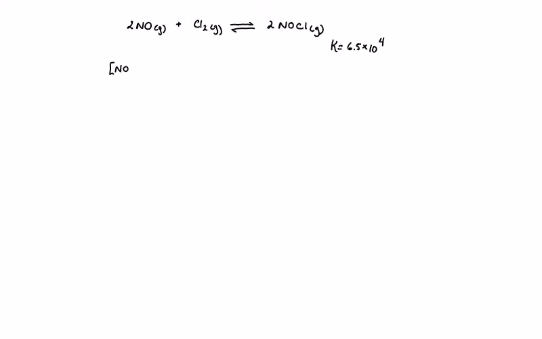So let's say that the nitrogen oxide, or nitrogen monoxide, has a concentration equal to 1.0 times 10 to the negative second molar, that the chlorine has a concentration equal to 4.2 times 10 to the negative third molar, and that the nitrosyl chloride, I believe it's called, has a concentration of 3.4 times 10 to the negative third molar.